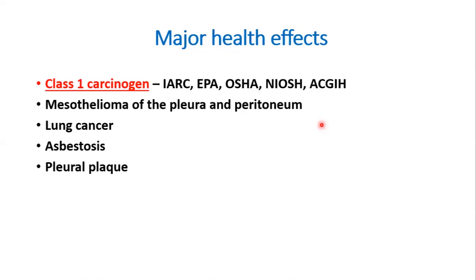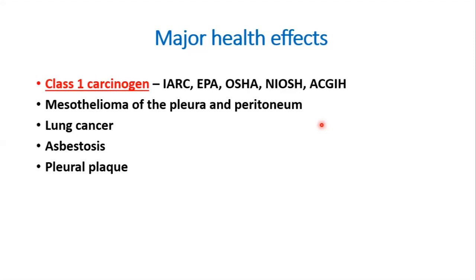So there is consensus globally that asbestos is a class 1 carcinogen, and so it causes mesothelioma of the pleura and the peritoneum, as well as lung cancer, and it causes fibrotic diseases like asbestosis, which is not a cancer, and pleural plaque, which is also not a cancer, right?